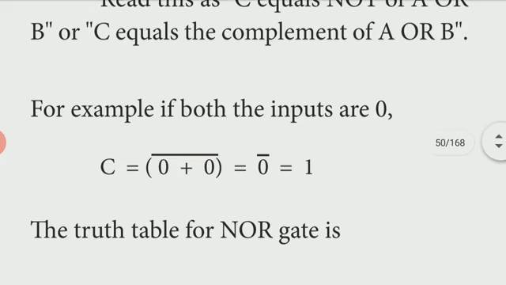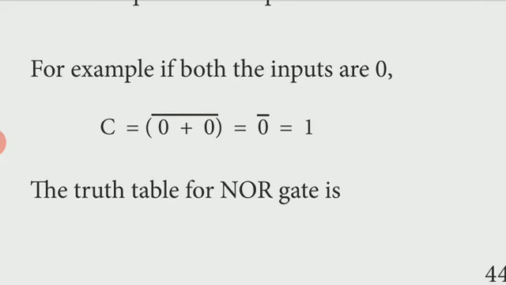See the example: C equal to (0 plus 0) the whole complement. So 0 plus 0 is 0, and the complement of 0 is 1. Both inputs are false, so we take the opposite with the bar, and it becomes 1. This is called the NOR gate.